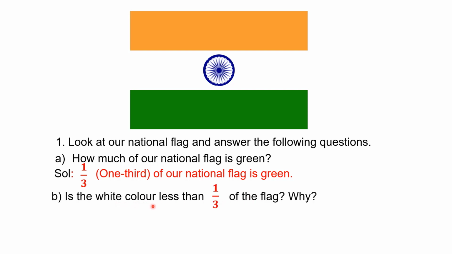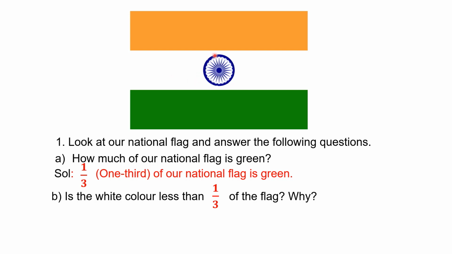Is the white color less than 1 by 3 of the flag? Why? Look at this white portion. It is in the middle of our flag. In the middle of the white portion, you can see a blue colored wheel. It is Ashoka's Dharmachakra.